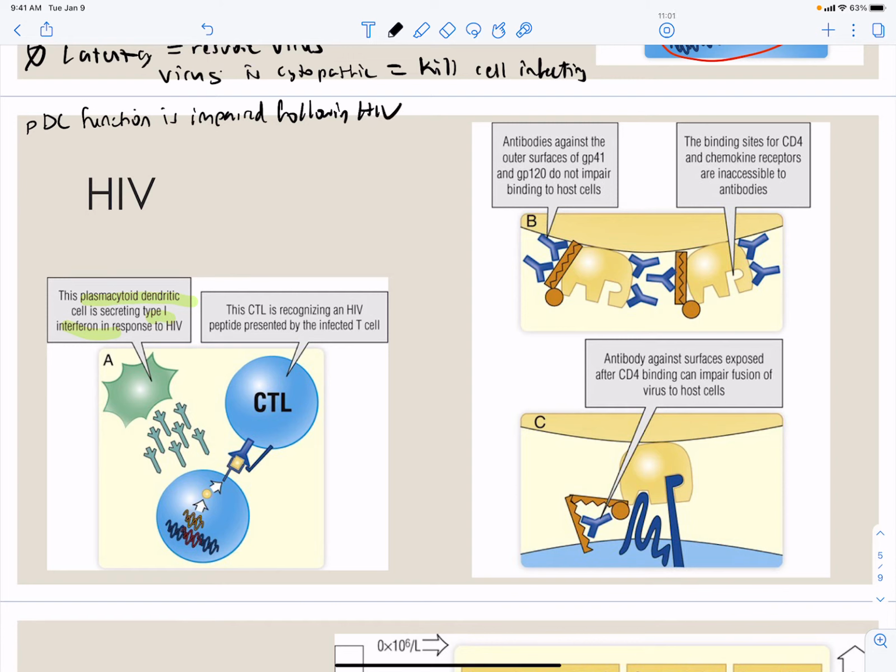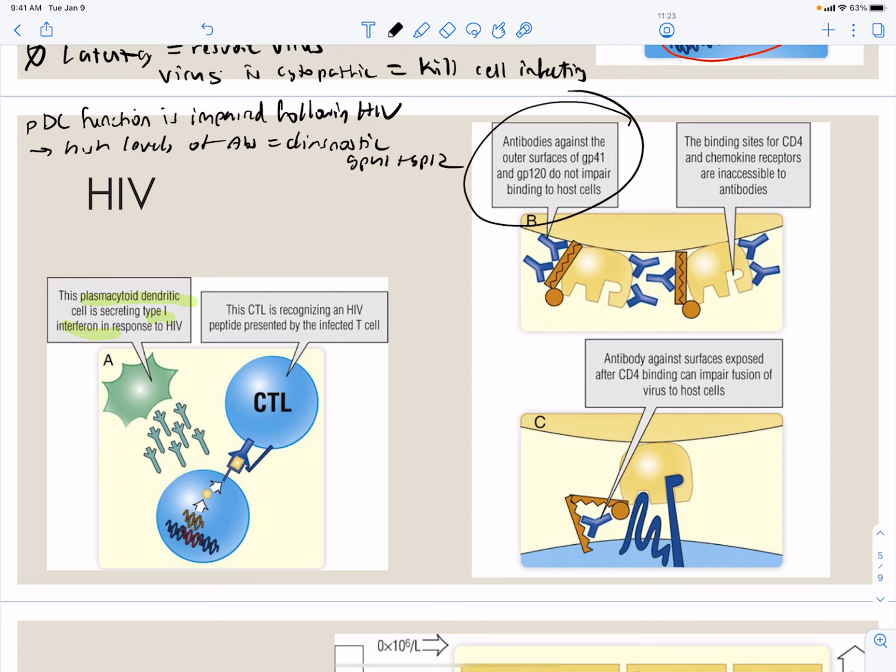And HIV replicates to very high titers. And so we're going to have high levels of antibodies, which is diagnostic.